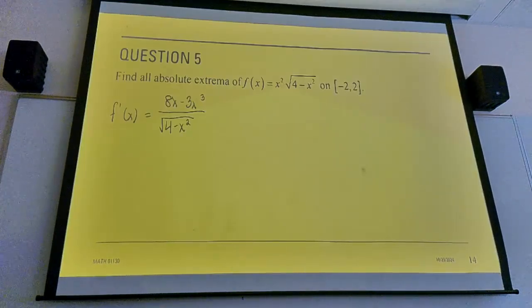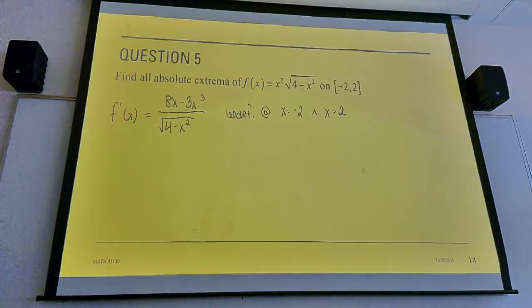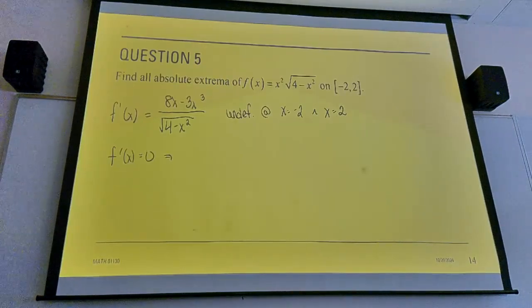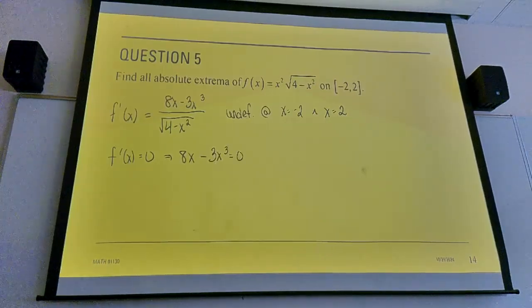Where is that undefined? Which means those are critical numbers. So that equal to 0 and solve. Does it mean that 8x minus 3x cubed would have to be 0?